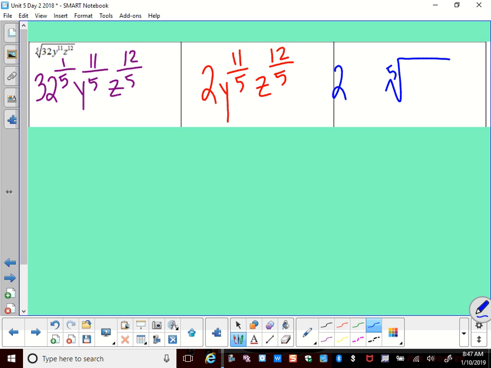Alright, then I have y to the 11th. So there's how many groups of 5? There are 2 groups of 5, so how many are left over? 1. Because that means there are 10, and we need 11. Alright, my z's, there are 12 z's. How many groups of 5? 2. And there's how many left over? 2.